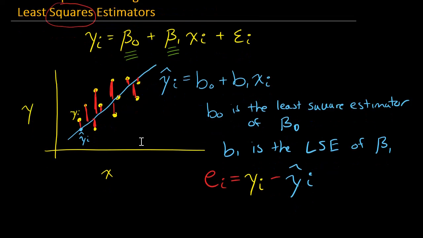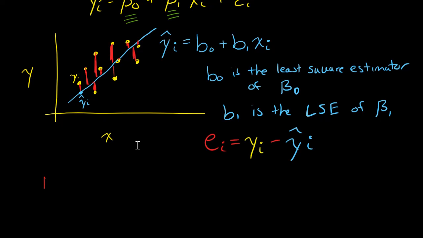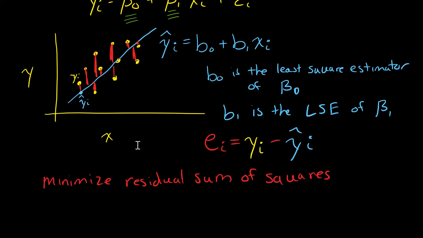So what we're going to talk about now is we want to minimize the residual sum of squares. All right, and what that means is that we want to find the min of the sum from i equals 1 to n of e sub i squared.